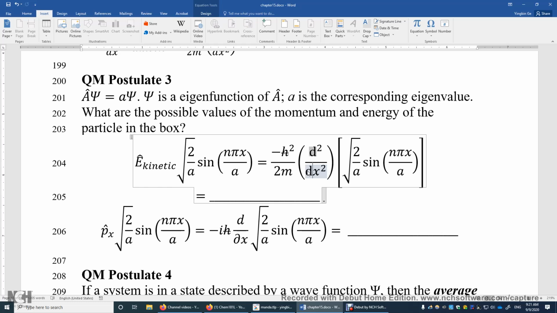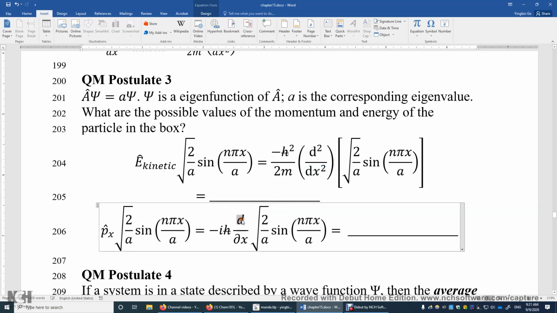This particle may be moving forward and backward at the same time. So that's why we say there's no way to figure out the value of the momentum. The directional momentum, to be exact. We do know its magnitude, but we do not know its direction.